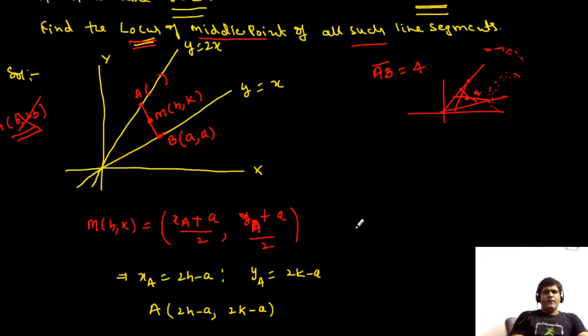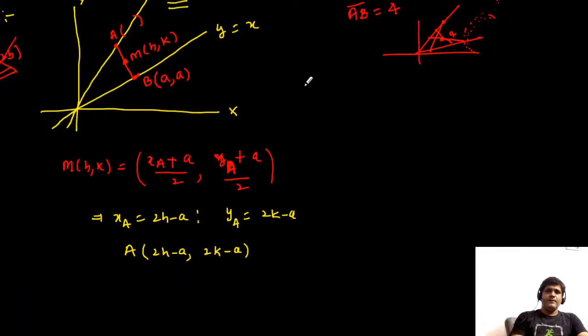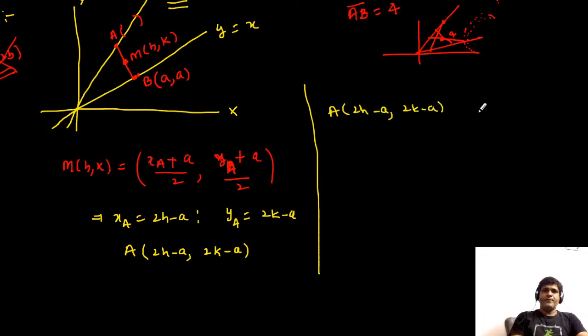Now this A lies on which line? Y is equal to 2x line. Substitute, it satisfies. This A (2h minus a, 2k minus a) lies on y equals 2x.